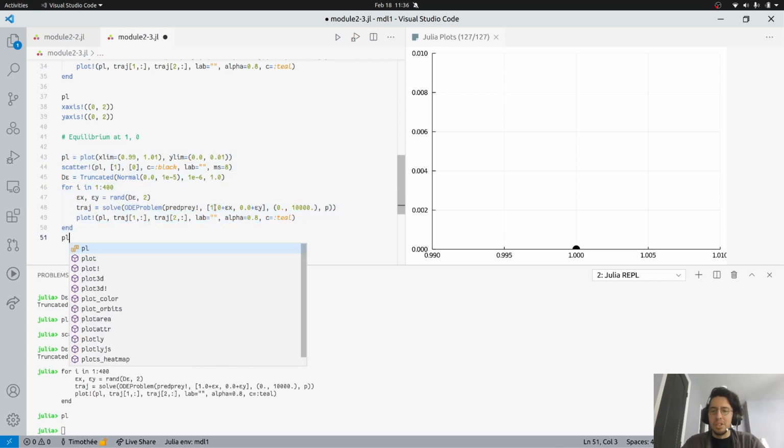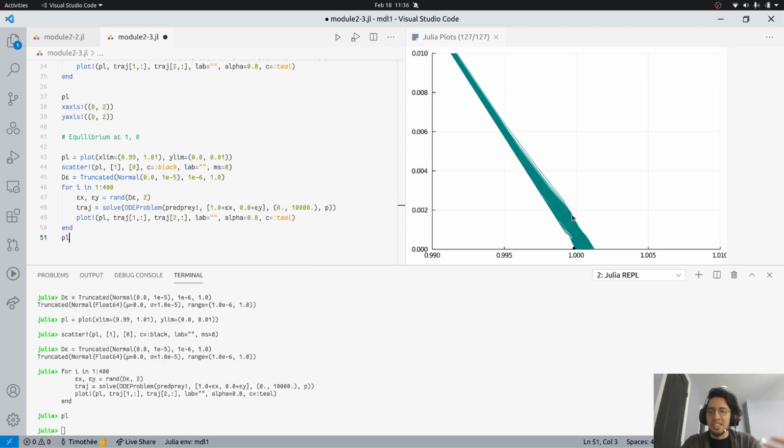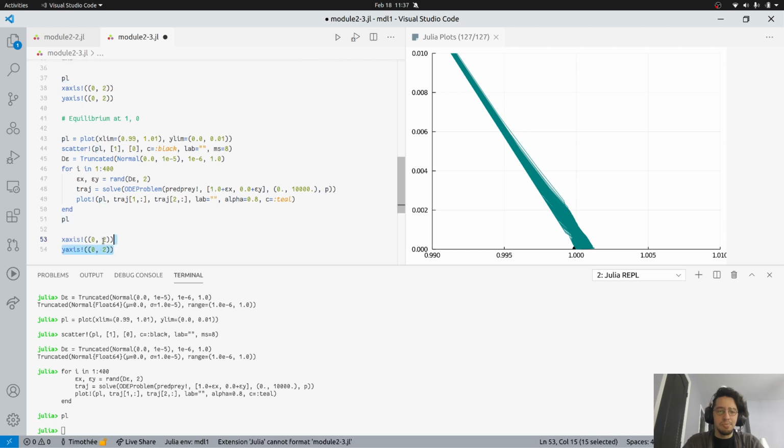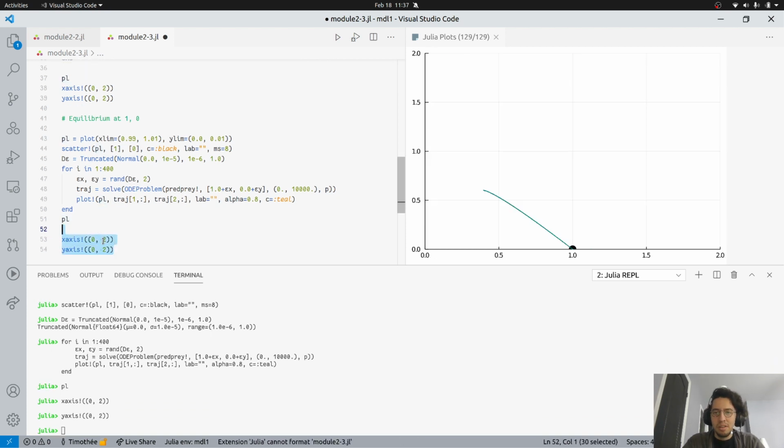And when we look at the plot in the end, it's fairly obvious what's happening. We are leaving this equilibrium. And if we want to check where we are ending, well, we are ending at a point that seems to be, yet again, the other equilibrium.